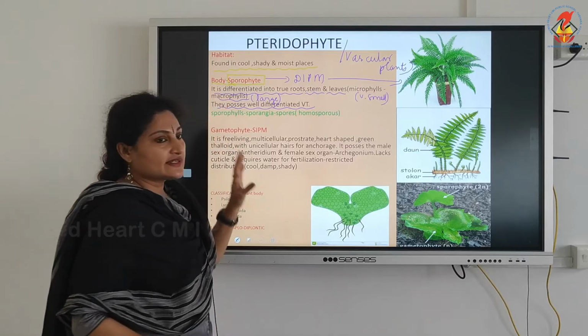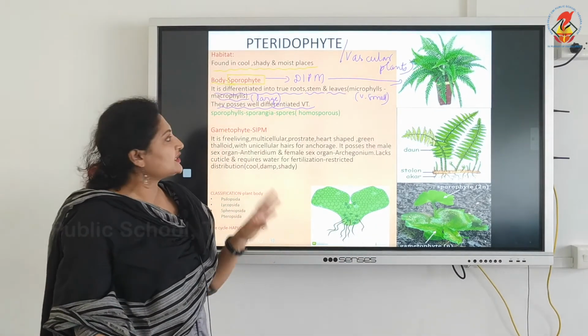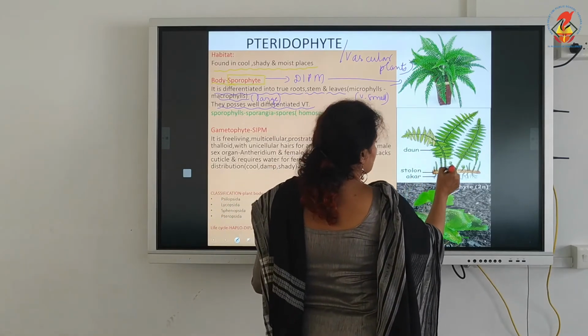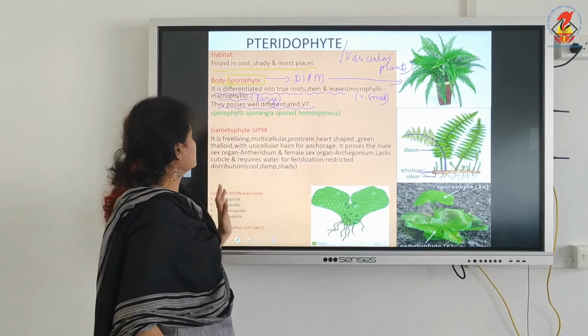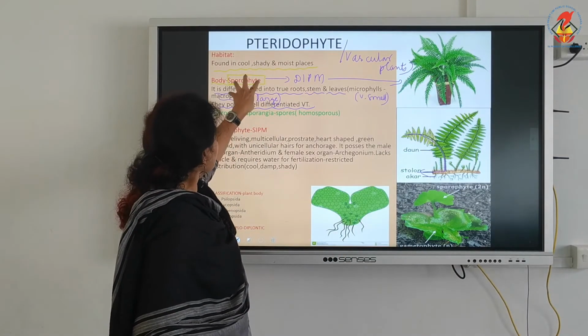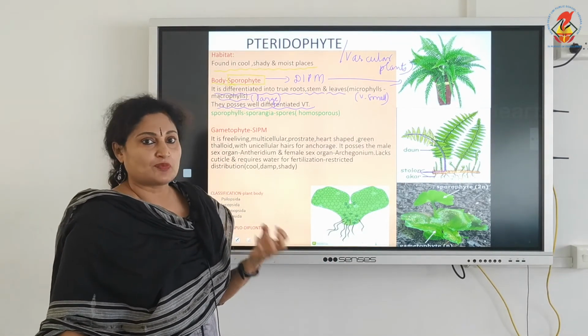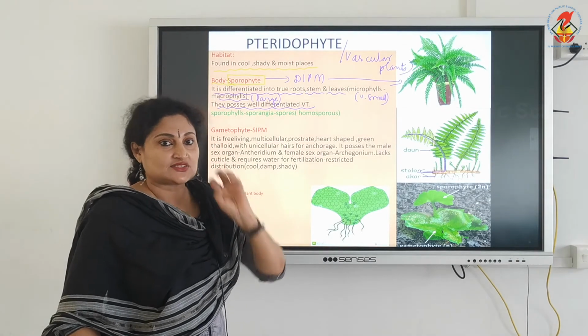So once again, the real plant body is a sporophyte, that is DIPM: dominant, independent, photosynthetic and multicellular, and you can see it's differentiated into true leaves, true stem and true roots. And the leaves are special, they are called microphylls if they are small or macrophylls if they are large in size. Now, as the name suggests, it's sporophyte. So what does it mean? Sporophyte means they produce spores. And if they produce spores, they should be formed in some spore-bearing structures.